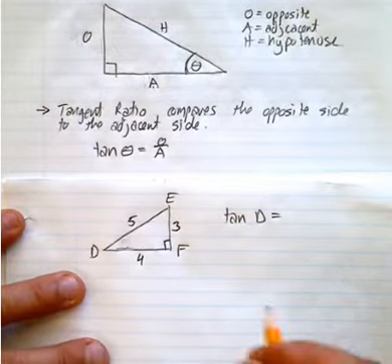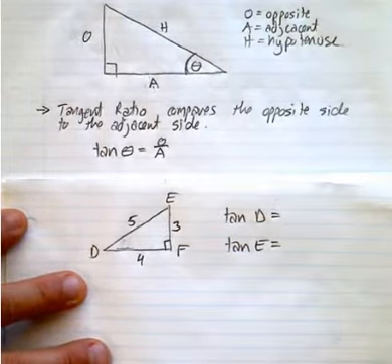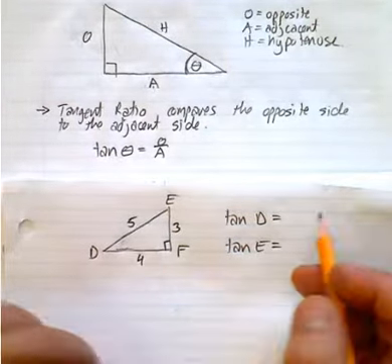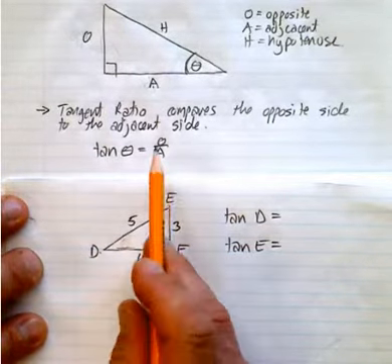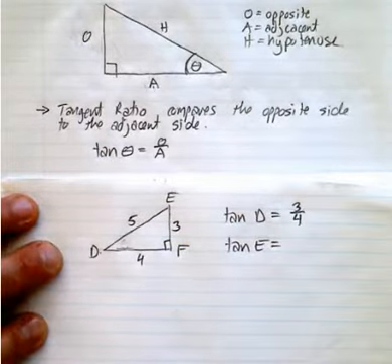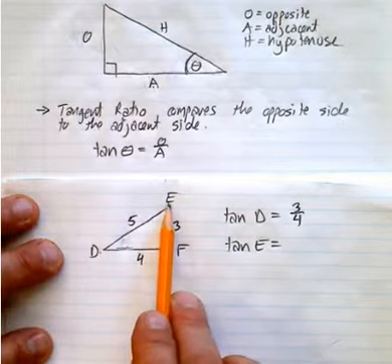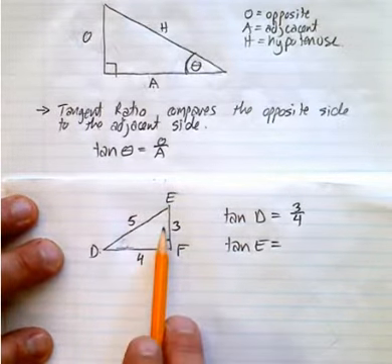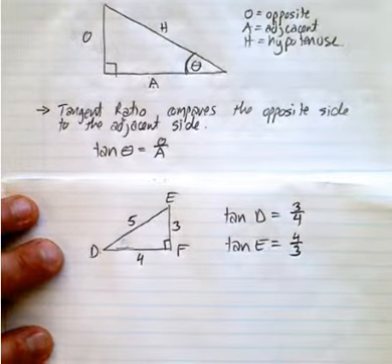What's your opposite and what's your adjacent? And if I asked you for tan E, what would be the two sides that you use? If this is D, the tan is opposite over adjacent, so it's going to be 3 over 4. And if I'm looking for the tangent of angle E, now we switch it around. This is the opposite, and this is the adjacent, so it becomes 4 over 3. That's the very first thing that we need to do.